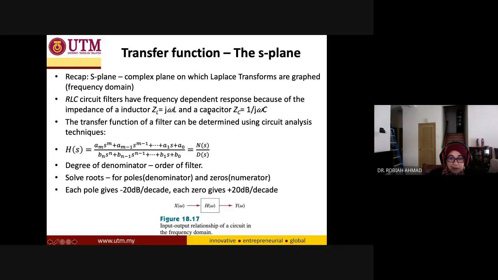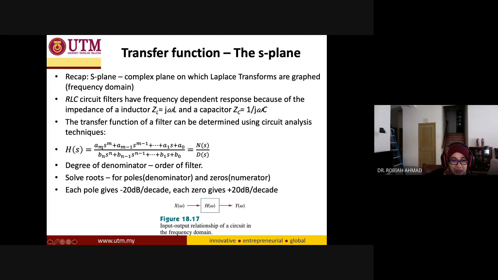And the impedance for the capacitor will be 1 over j omega C. When we have this, we transform the equations into the transfer functions, because we want to look at the output relationship over the input relationship. So that is the transfer function: output over input. The output is the numerator, the input is the denominator.